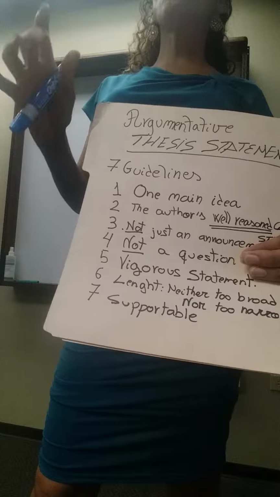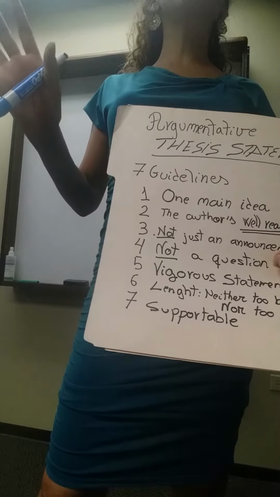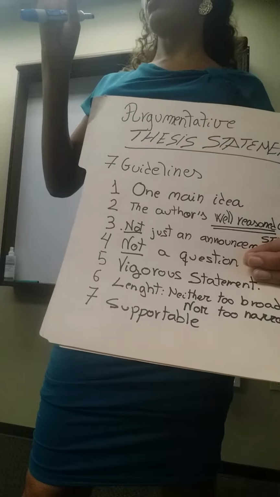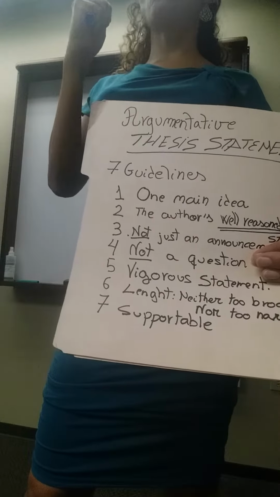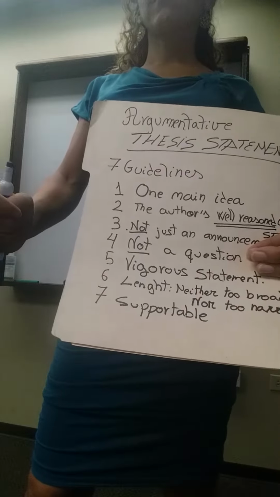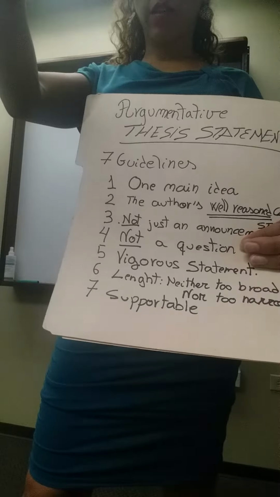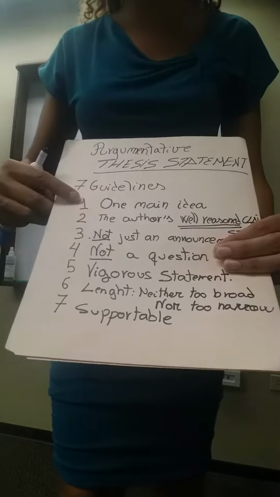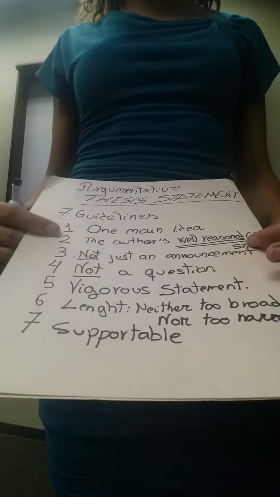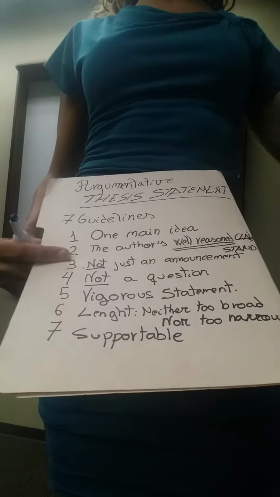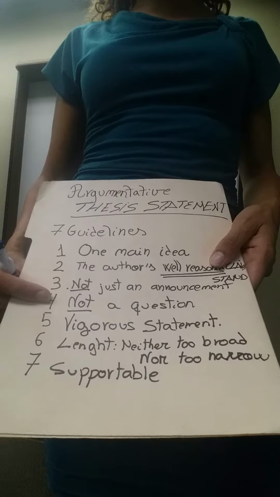Only in the introduction can we add a question, only on the hook and on the closer, because I'm going to challenge my reader. But okay, we continue. One main idea, the author's claim, your stand, not just a simple announcement, not a question.